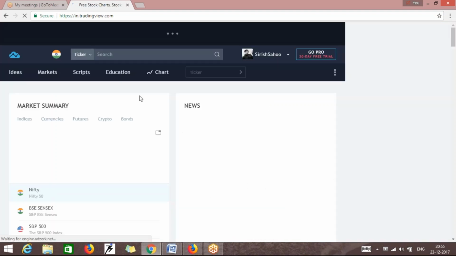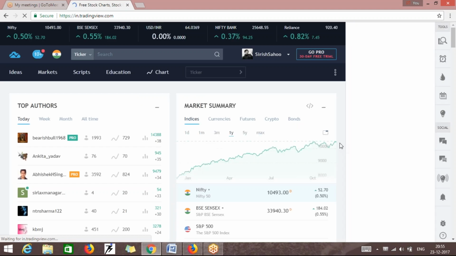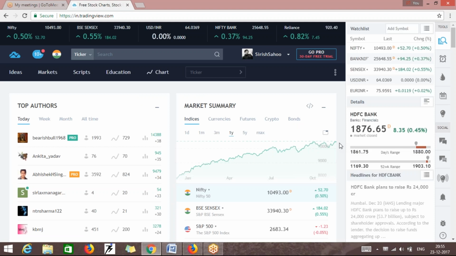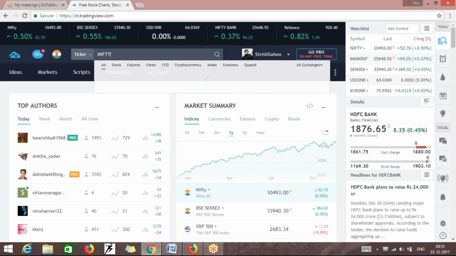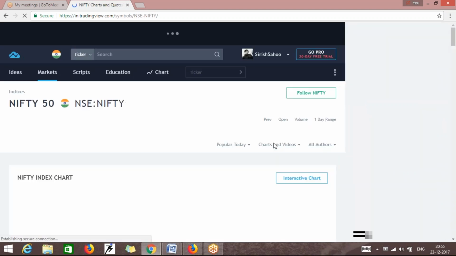We cannot draw all these things in your Zerodha and even Upstox, I don't think that is possible. So let me take a chart. I'm taking any Nifty chart randomly. I would only show how to draw this. We do not particularly need any chart with a harmonic pattern forming.